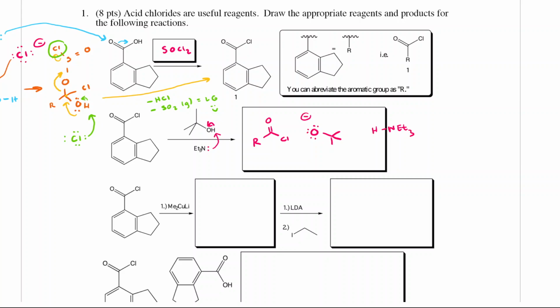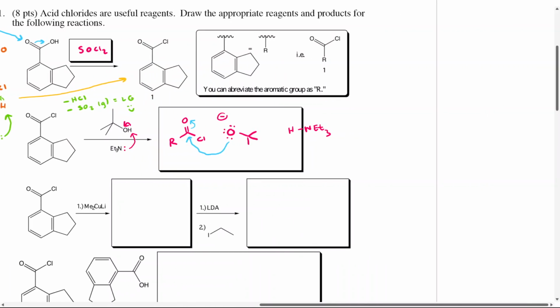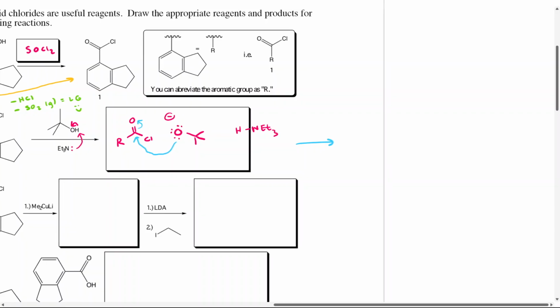So it's going to take a pair of electrons and attack that, which then pushes electrons from the pi bond up to the oxygen, because carbon doesn't want to have more than 4 things bonded to it.